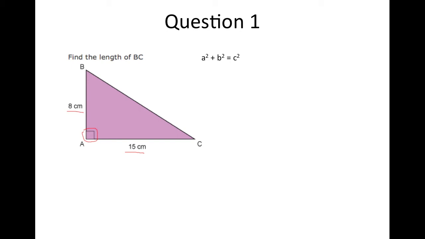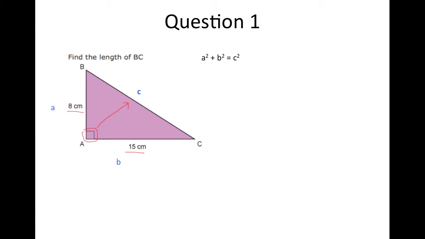Always label C as the hypotenuse. So the hypotenuse in this case is this side right here. Okay, so we label that as C. Then it doesn't matter which side you label A or B after that, as long as you put the C as the hypotenuse, it's fine. So I went for B and A there.